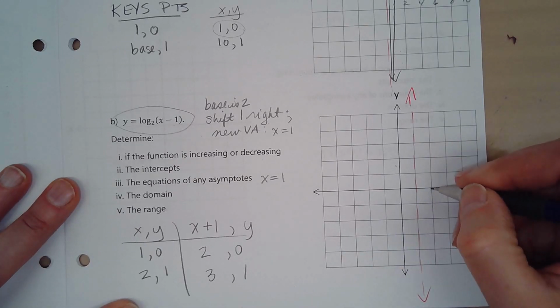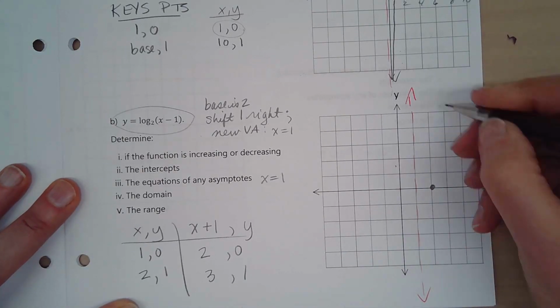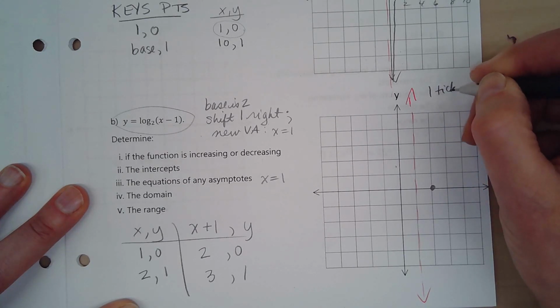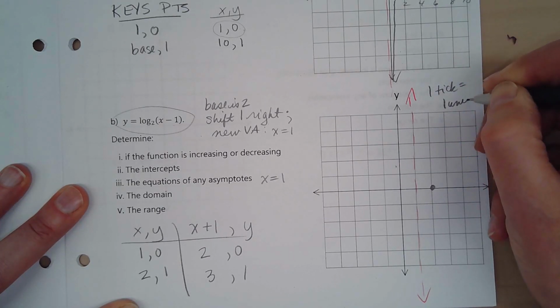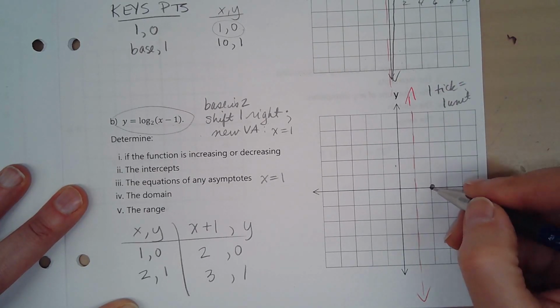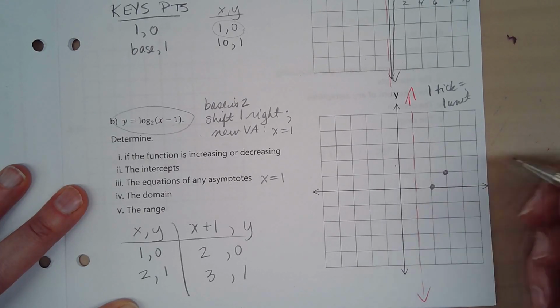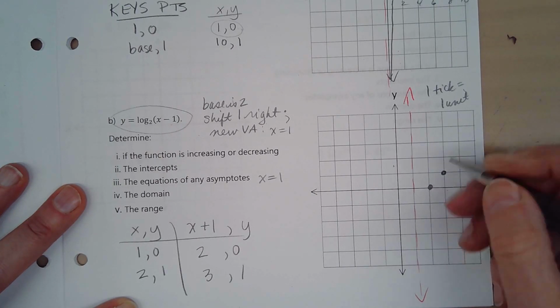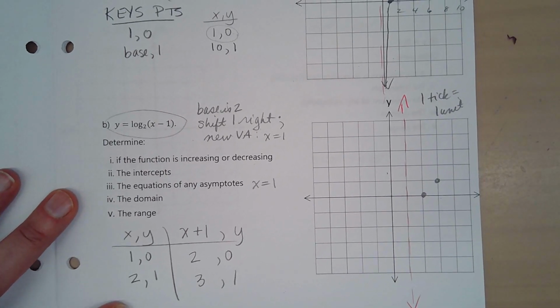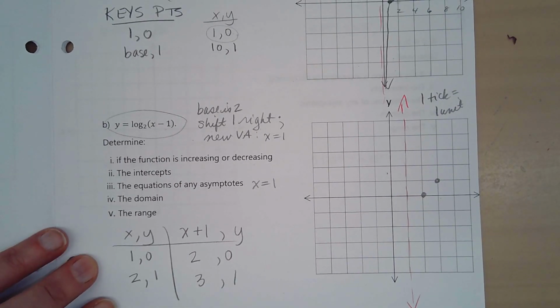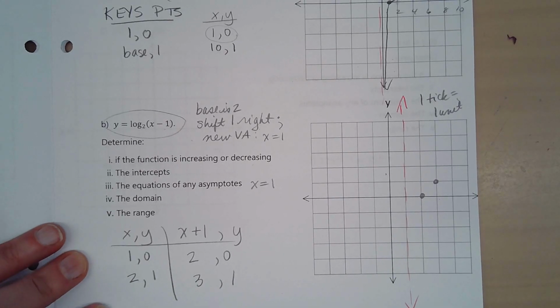So let's plot those. 2, 0, and 1 tick equals 1 unit here. So 2, 0, and then 1, 2, 3, 1. All right, you have these 2 points and you have the asymptote. Does that give you enough to sketch? I think so, right?